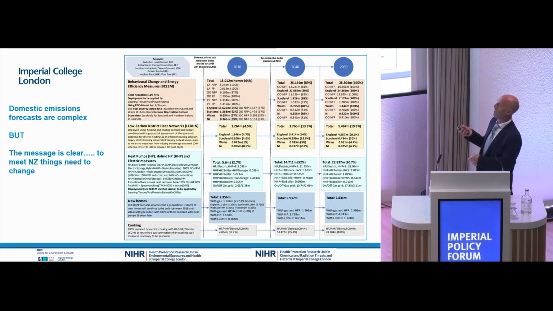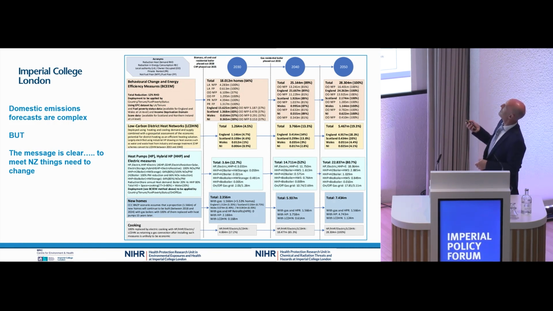There are things like the low-carbon district heating networks in BNZP. There's installation of heat pumps into houses. Of course, there's new homes as well, which I think was mentioned earlier. And also, I think cooking and the use of gas indoors is really important as well. So that was included. We assume that if you change to a heat pump, you probably get rid of all your gas and switch to electric, for example. So we're going to look at the impacts indoors as well.